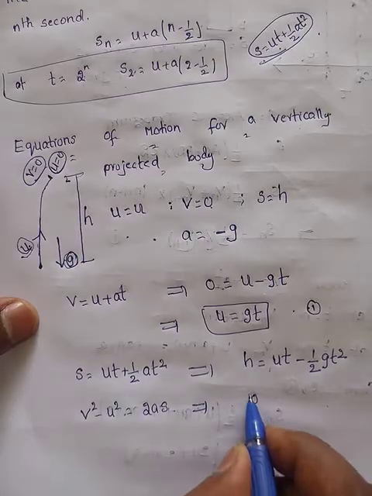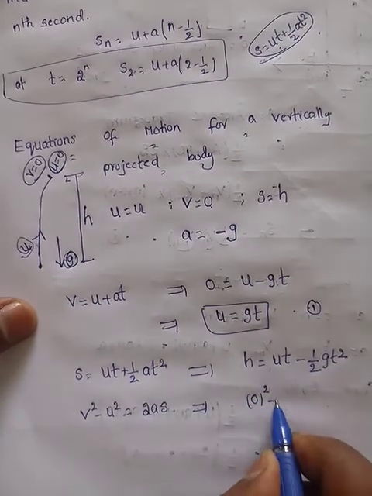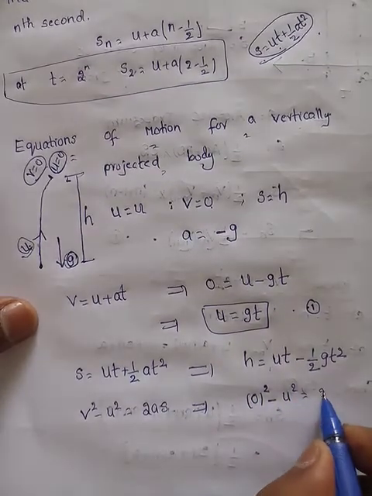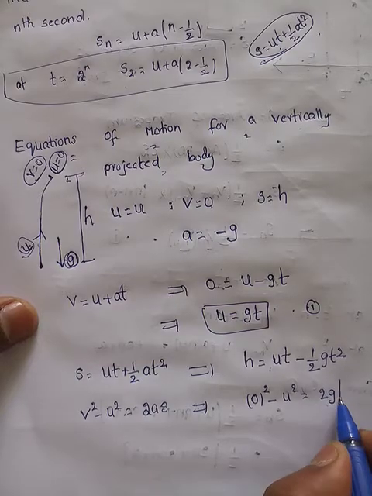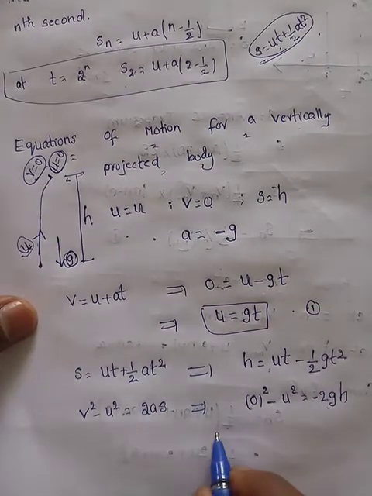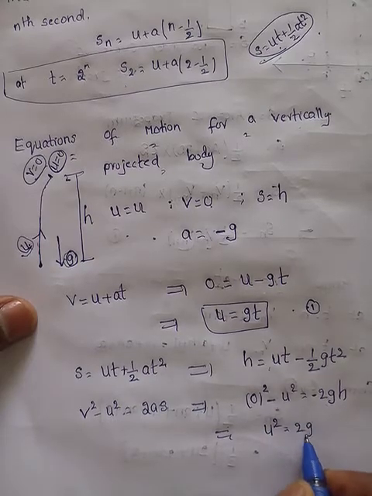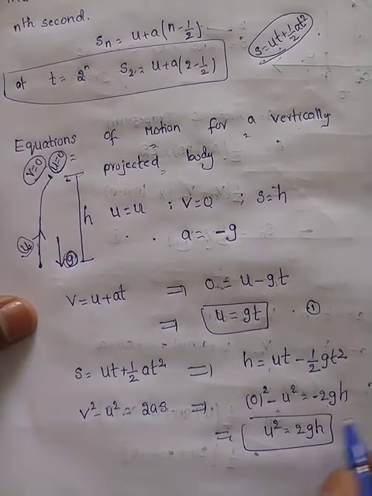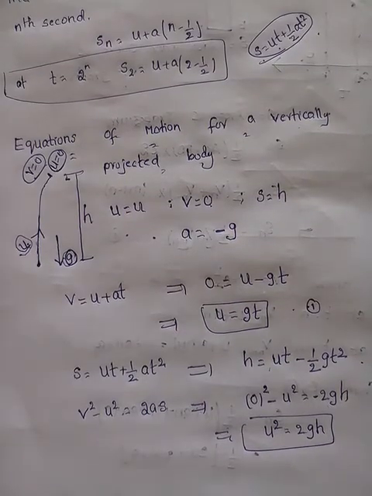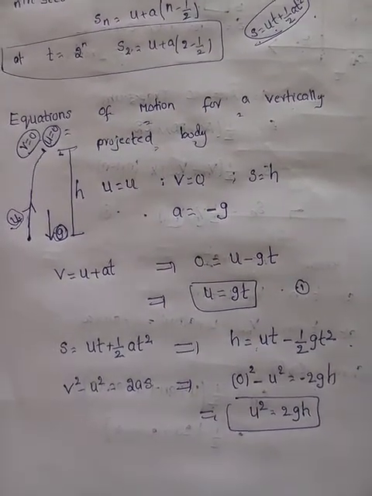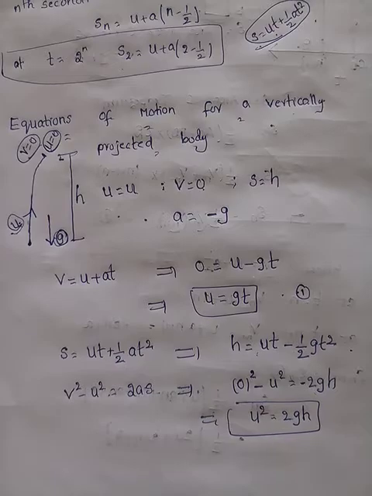What is v² here? 0. So 0 − u² = −2gh. From this, minus minus cancel, and what do you get? u² = 2gh. So these three equations are the equations of motion for a vertically projected body.